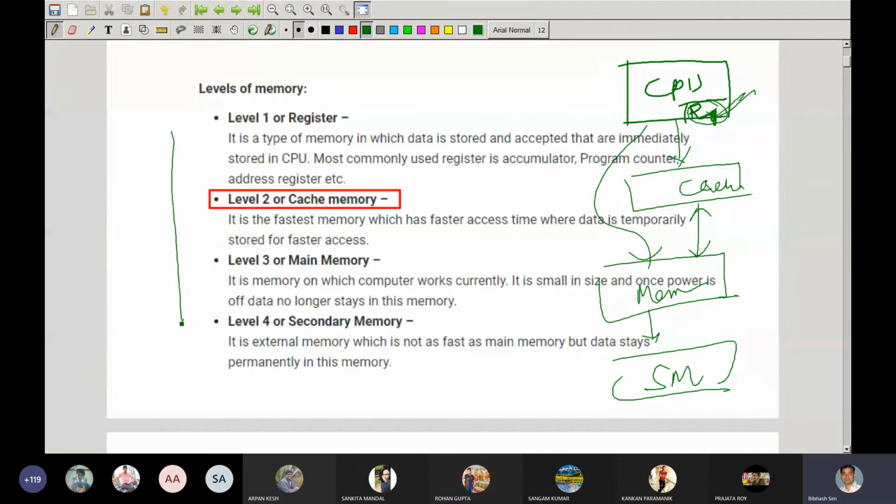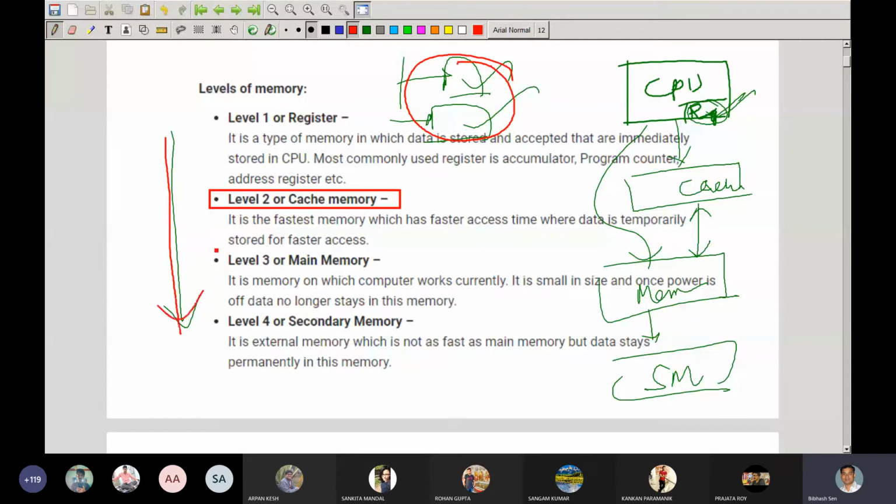So this is the hierarchical way of searching, not parallel searching. Parallel searching is also possible if there is a multi-level cache. So try to understand the question paper properly during your examination, whether there is a chance of parallelizing or whether it is hierarchical. This is the hierarchical structure.